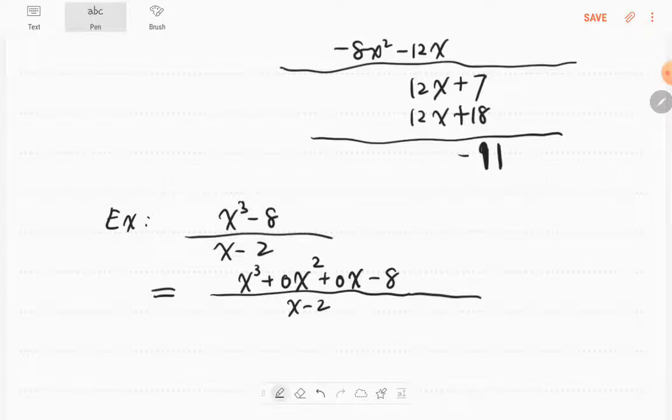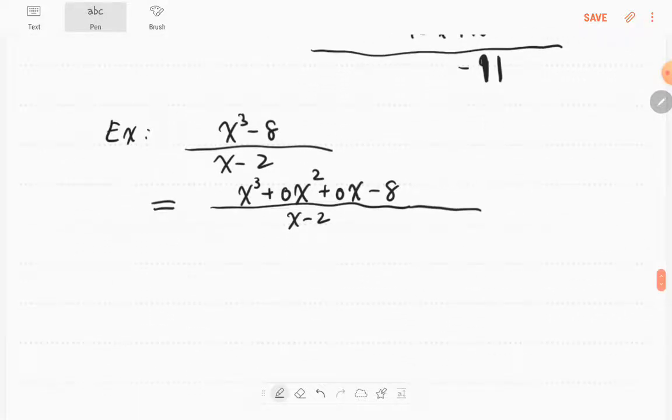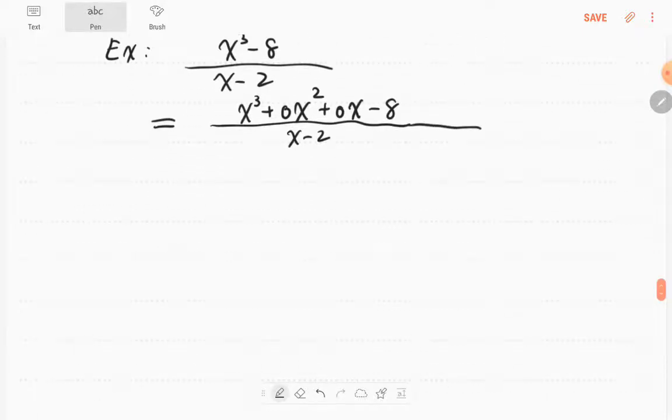After that, that's the constant. So we only check if there's any missing term for your dividend, right? For your divisor, it's totally okay. Can be any form. Then we will do the long division.